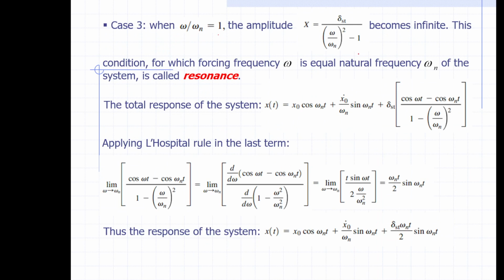This is what I already explained. The amplitude becomes infinite, which means that the forcing frequency is the same as the natural frequency, then resonance happens.